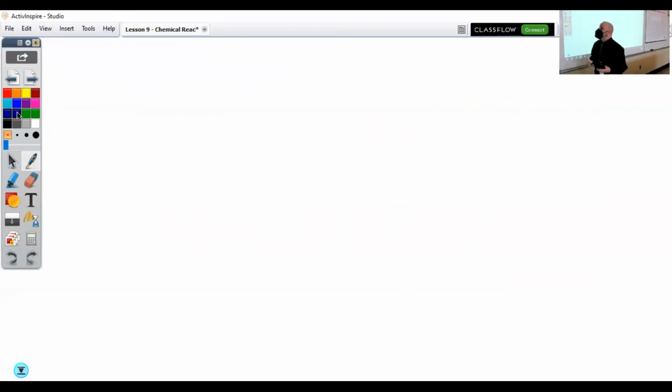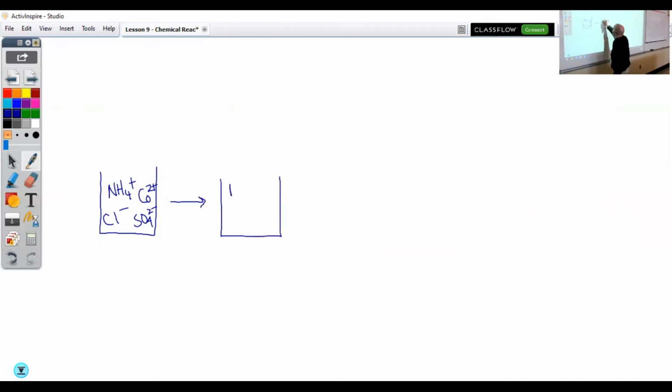Let's take a look. If we look at ammonium chloride floating around in solution, and then we add to that cobalt 2 sulfate, also floating around in solution. On the product side, I have the same thing.